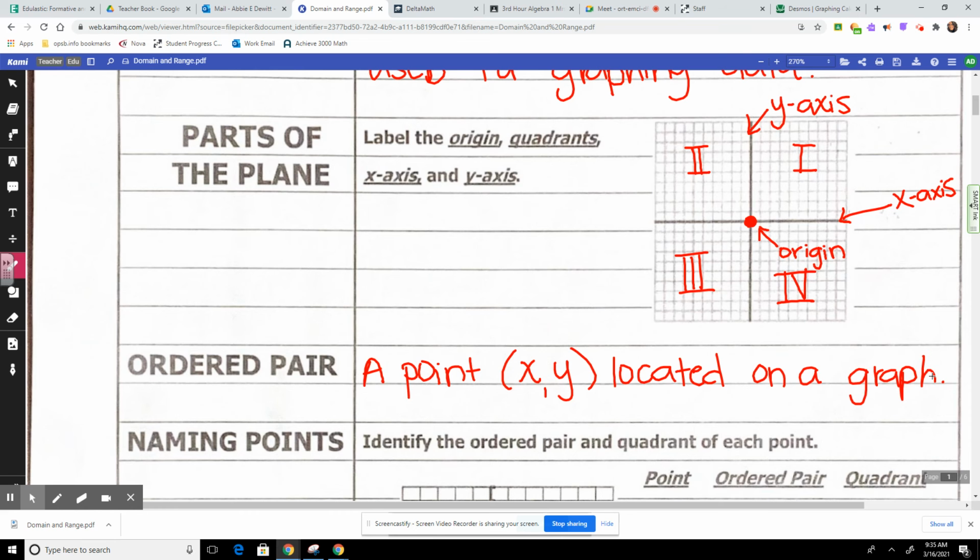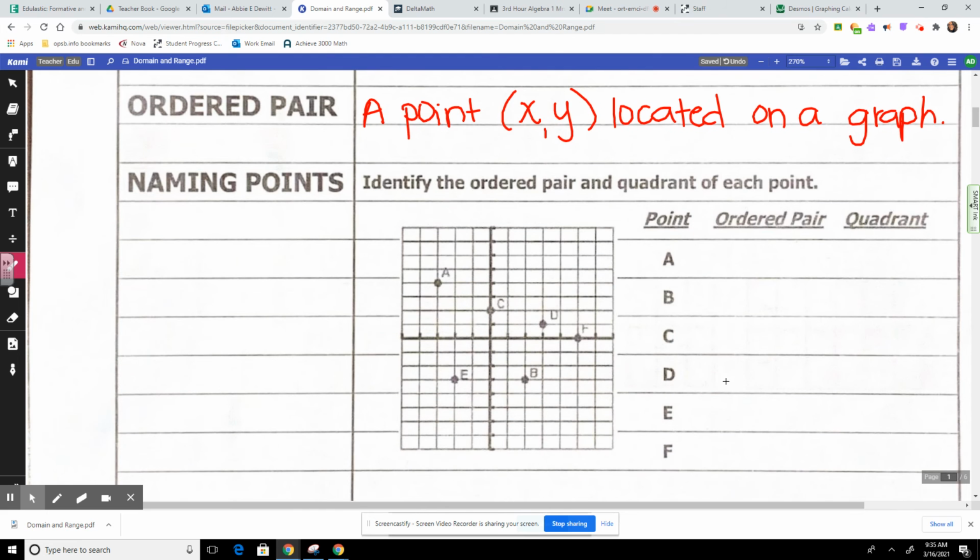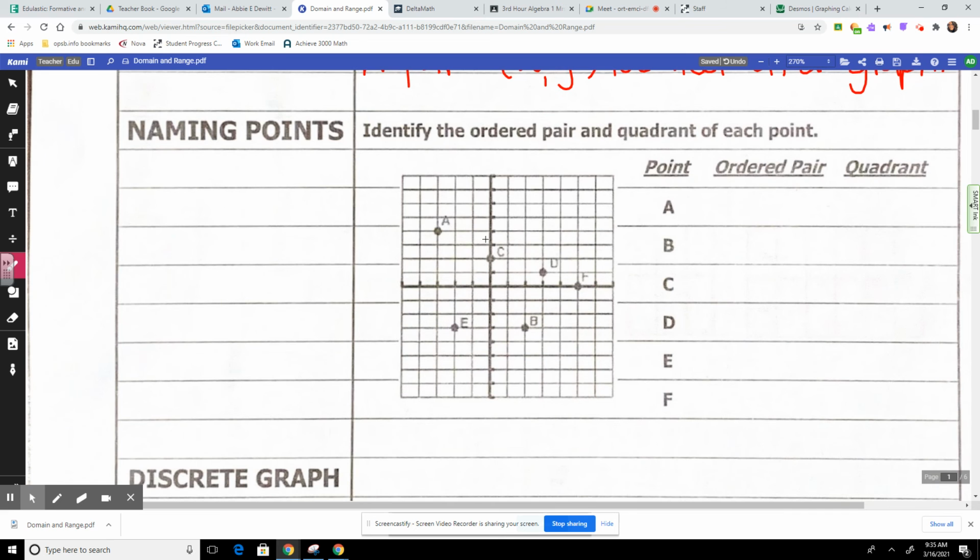Hopefully you all know that. And if I wanted to name points on a graph, I'm given a graph and I've got point A, B, C, D, E, F. If I wanted to name the points using ordered pairs and identify the quadrant, point A is here. How would I write that point as an ordered pair? You'll be surprised how many people still do not know this.